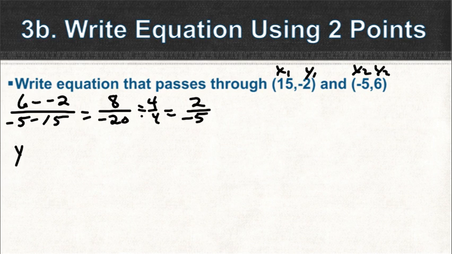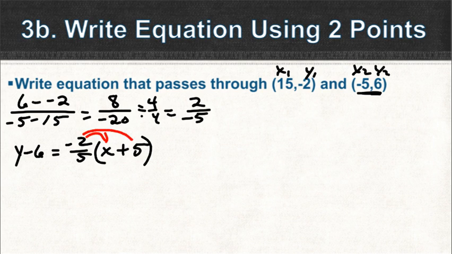So then I pick a point. I'm going to use this point here. So y minus 6 equals a negative 2/5 times x minus a negative 5, which really means x plus 5. And then I can simplify, so distribute.